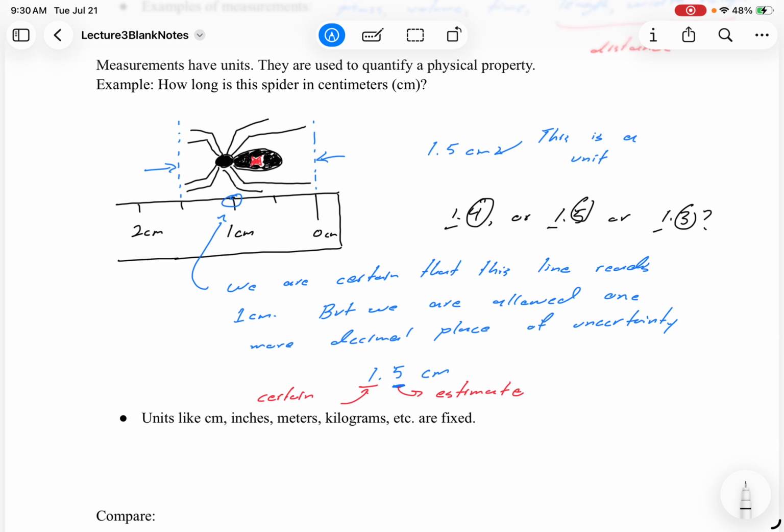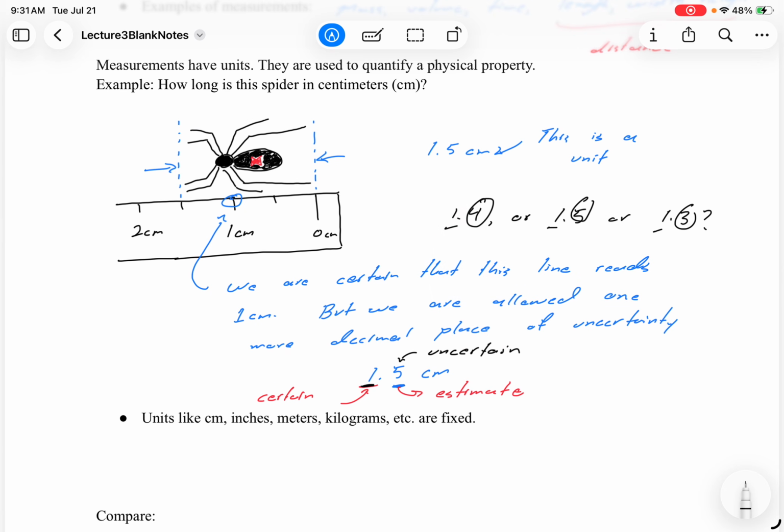This is the estimate that we are allowed. The estimate you are allowed depends on the ruler, right? In this case, the ruler is only certain to this place. This, it's uncertain. We don't know about that.